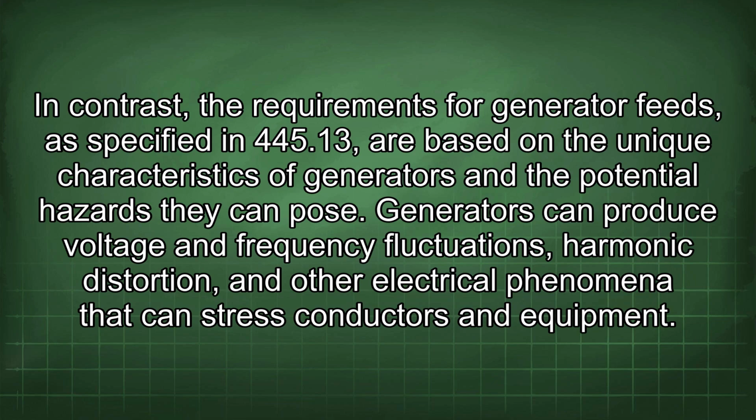In contrast, the requirements for generator feeds, as specified in 445.13, are based on the unique characteristics of generators and the potential hazards they can pose. Generators can produce voltage and frequency fluctuations, harmonic distortion, and other electrical phenomena that can stress conductors and equipment.